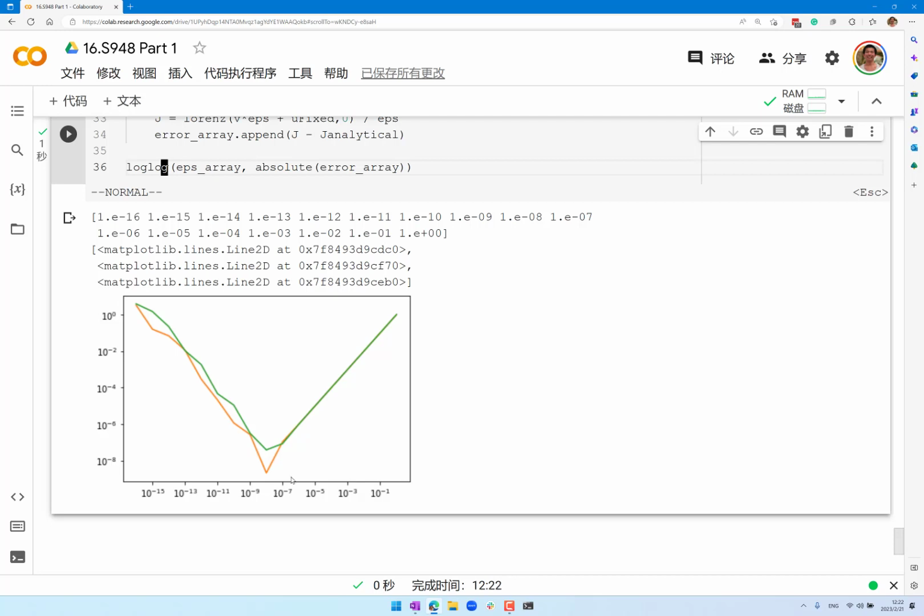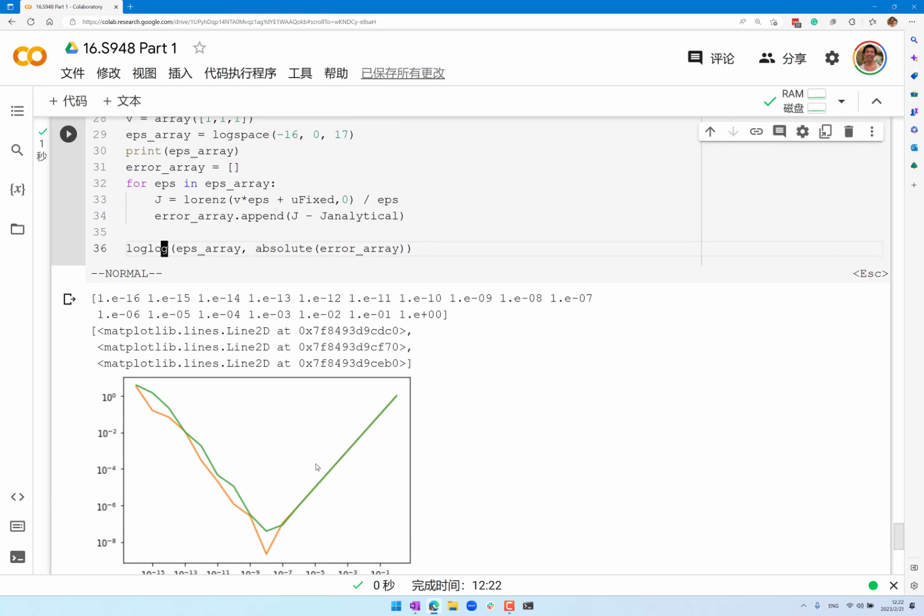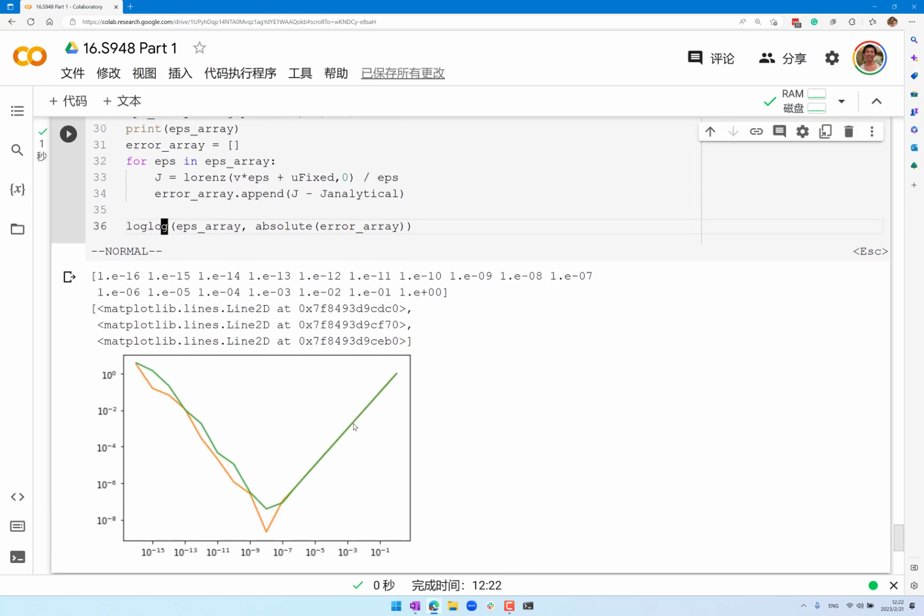When the amount of perturbation epsilon is large, you get an increasing error as epsilon increases. And that's due to what kind of error? It's truncation, right? You're truncating the Taylor series. But when epsilon is too small, you get a rising error as epsilon decreases. That's due to round-off errors, right?